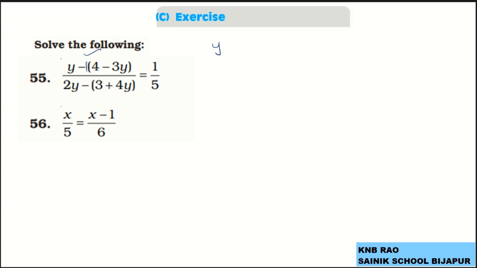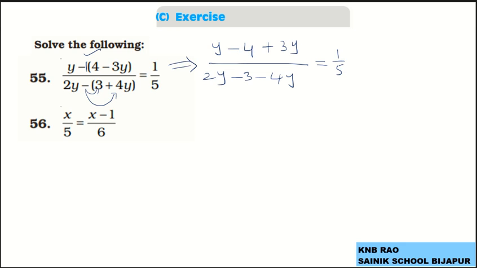Minus 1 multiplying over 4 minus 3y: minus 1 into plus 4 is minus 4, minus 1 into minus 3y is plus 3y, upon 2y. Here minus again removes the bracket: minus into plus 3 is minus 3, minus into plus 4y is minus 4y, equals 1 upon 5. This is important: first remove the brackets.